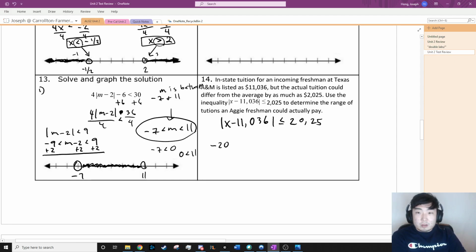Negative 2,025 is less than or equal to x minus $11,036, but that is also less than or equal to the positive version. Like so. Okay. The only way for me to get rid of my absolute value, or to get my x alone, is to add $11,036.